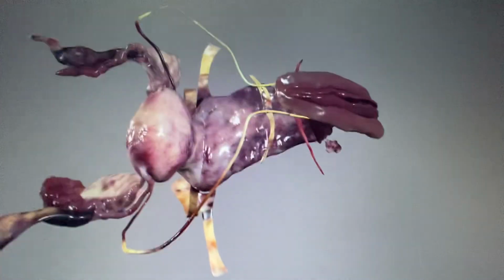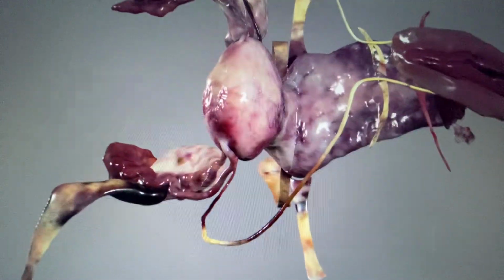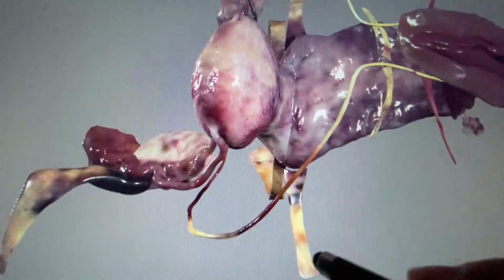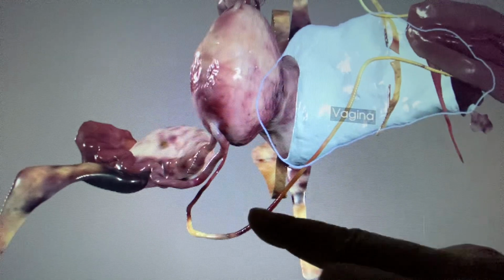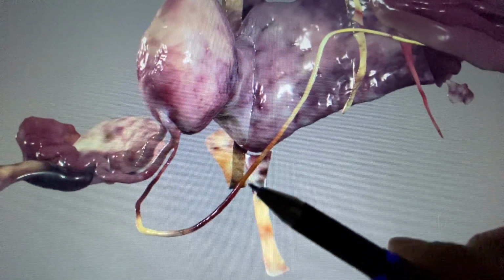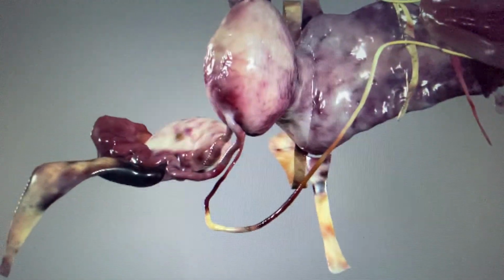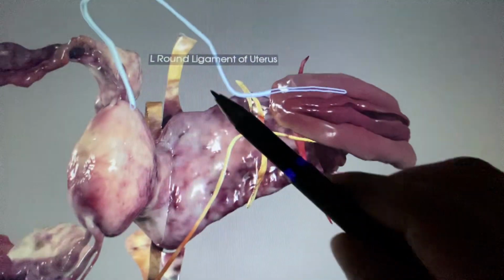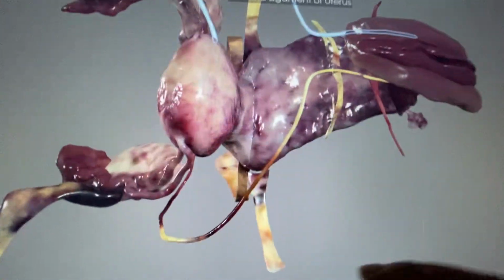Hold up. Oh, having some technical difficulty. All right, I click on this. Okay, well, see this here? That's your round ligament. Maybe we'll click on the other side. There you go. And that's your round ligament supporting all around.